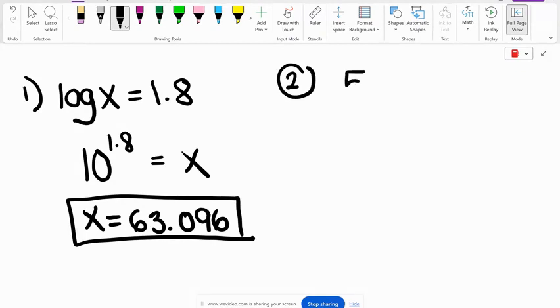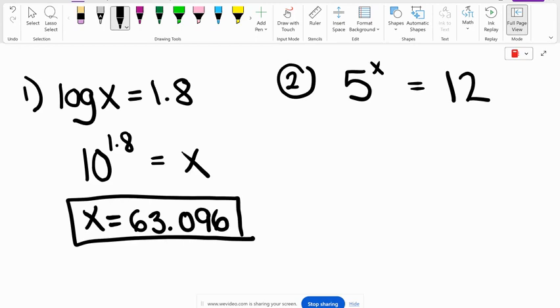Okay, let's say I have 5 to the x is equal to 12. And we want to solve for x. Now, in the past, before we were allowed to use a calculator, I had said, okay, you want to make the bases the same. And once you make the bases the same, then you could set their exponents equal to each other. But is there any way I could make 12 and 5 into the same base?